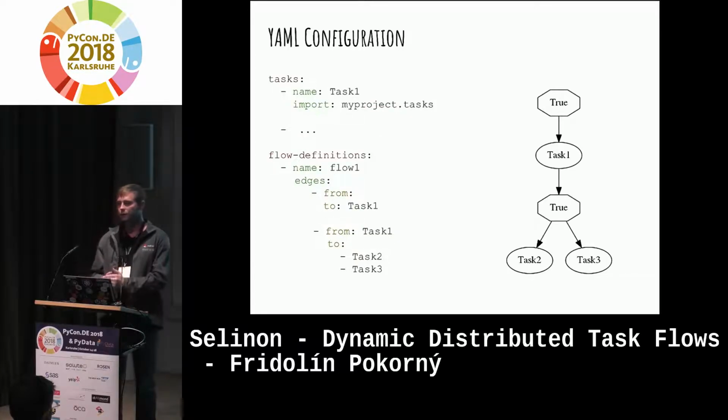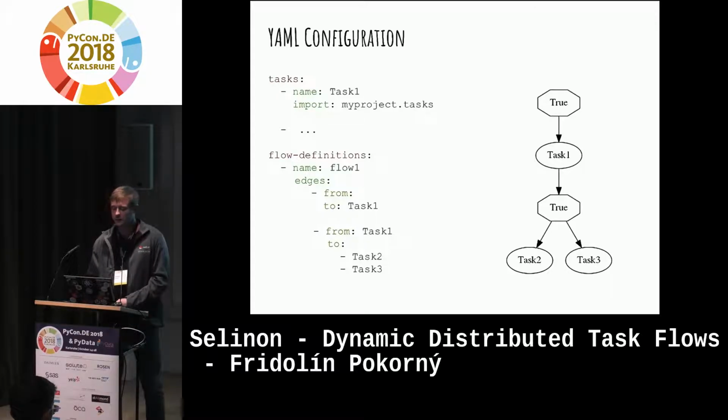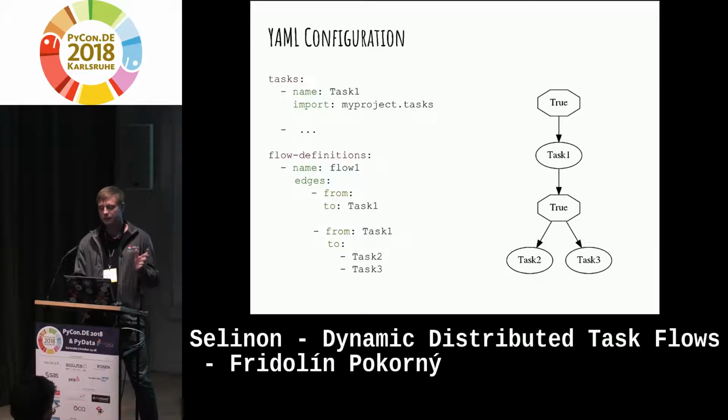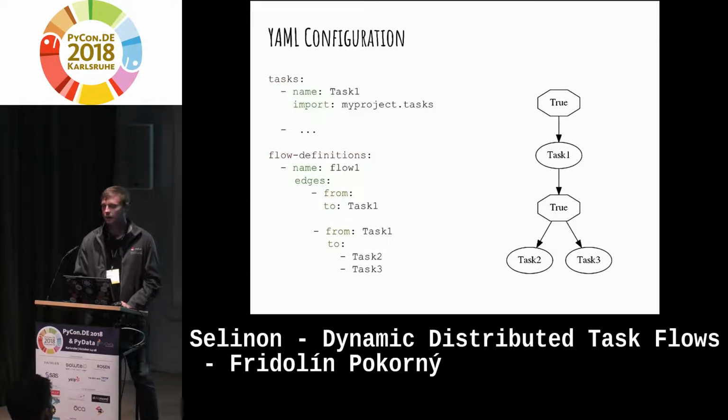Then, once you have this implementation ready, you create a YAML configuration file. And in this YAML configuration file, in the task section, you register your task. So you state its name and from where it should be imported. In the next section, that is called flow definitions, you describe how your flow should look like.